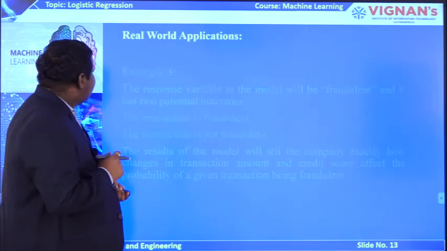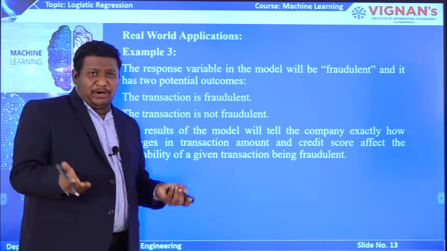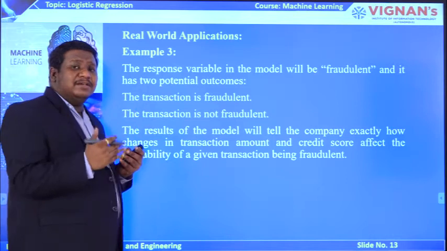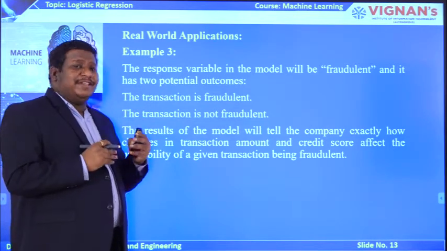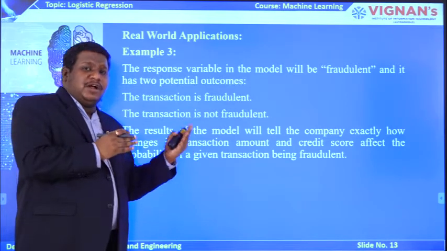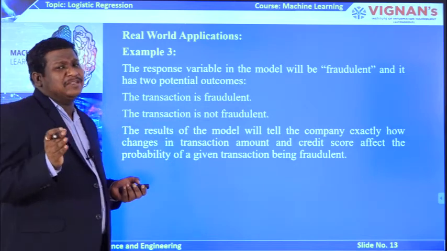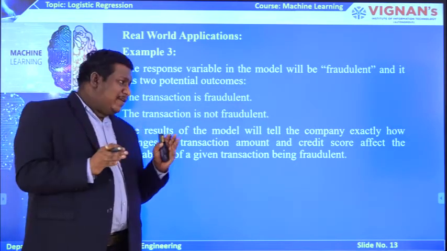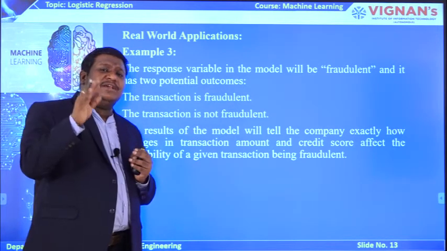If you see the next one, whether a transaction is fraudulent or not is another important application. By analyzing the details of the account, you can clearly say whether the account is a fraudulent account or a correct account. So, we have different types of applications, but you have to understand one thing here: whatever application you are considering, the output is only binary values.